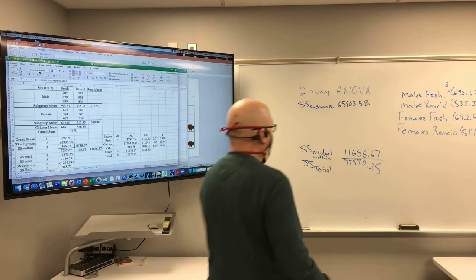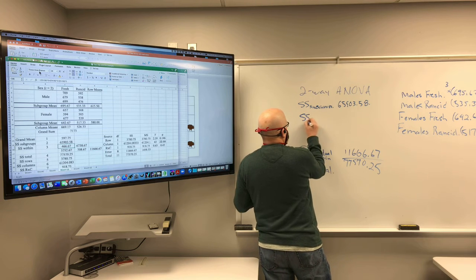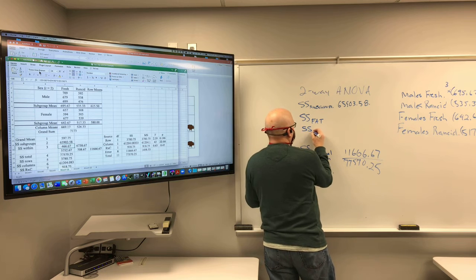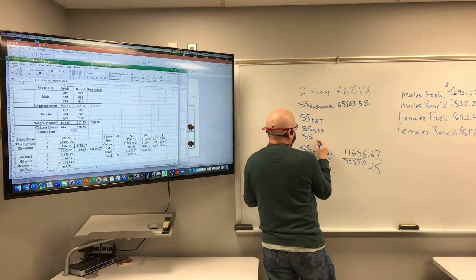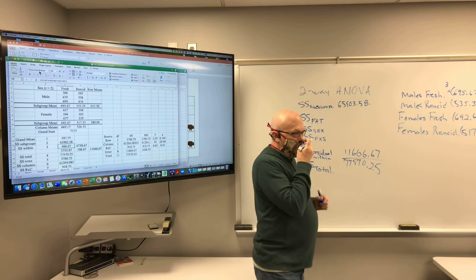Now, part of that variation is due to fat type. Part of that variation is due to sex of the rats, and then part of that variation is due to the fat by sex interaction.